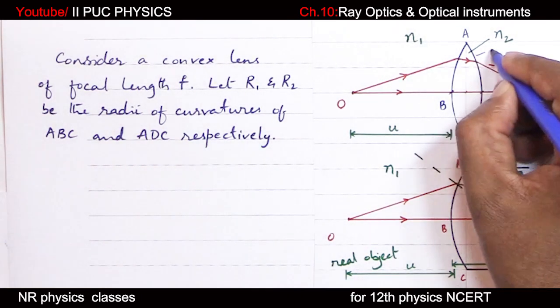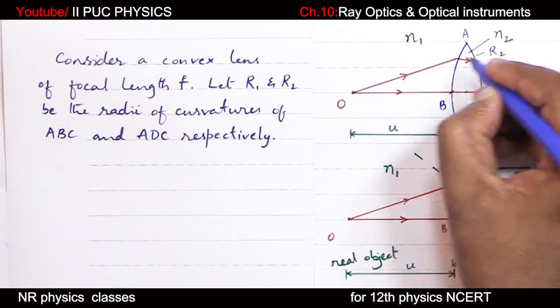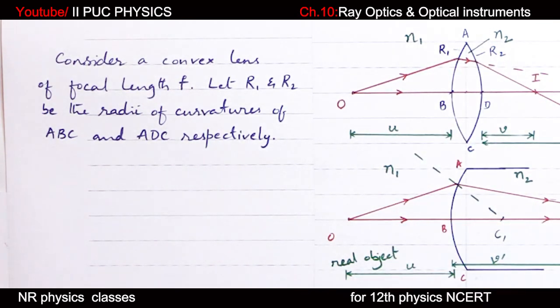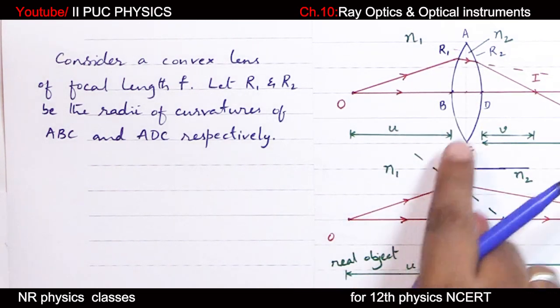So this is R2. This radius of curvature is R1. Be careful, there are so many parameters.